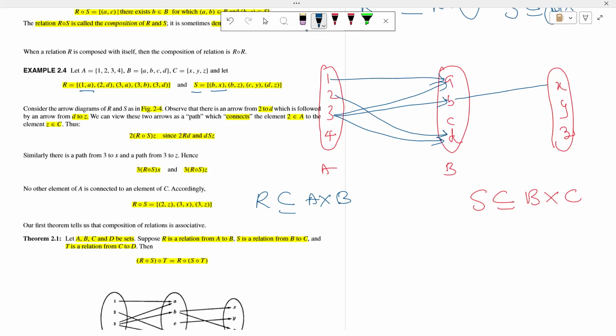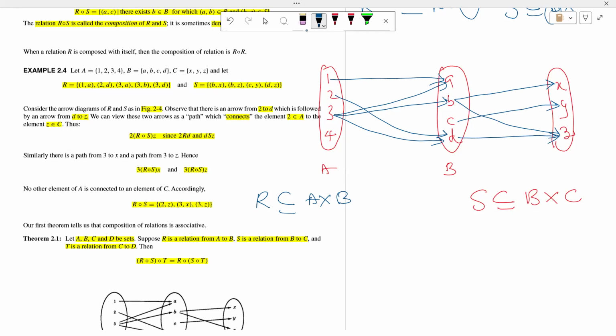Second ordered pair, b to z. Third ordered pair, c to y. Fourth ordered pair, d to z. Right? So now I can draw the diagram for relations R and S.